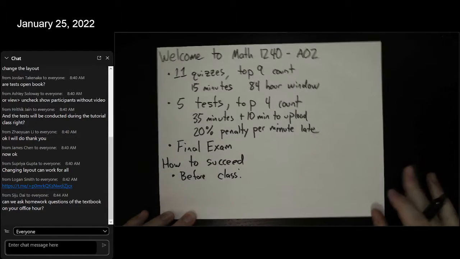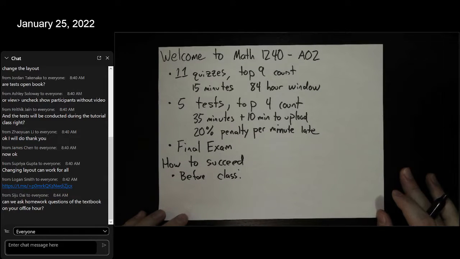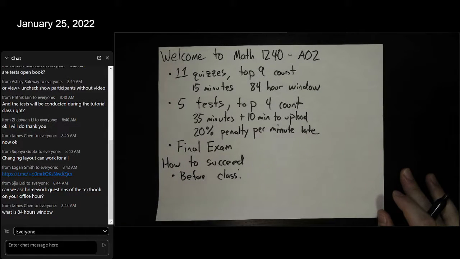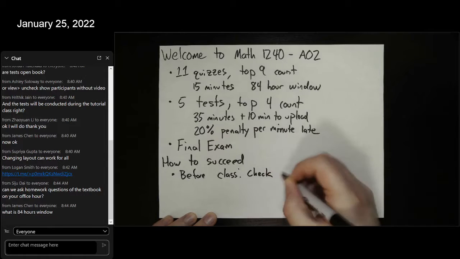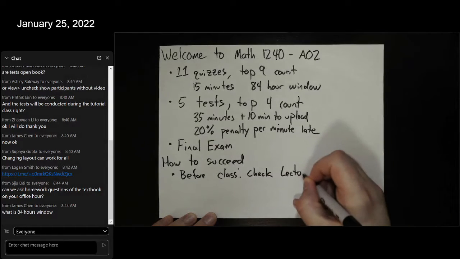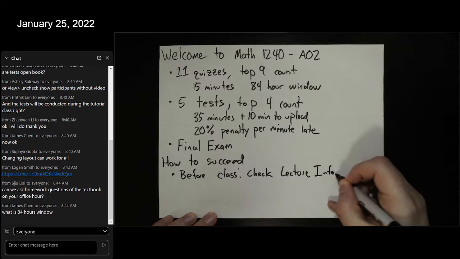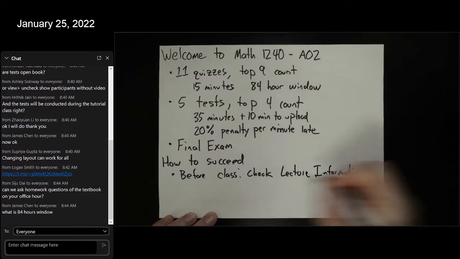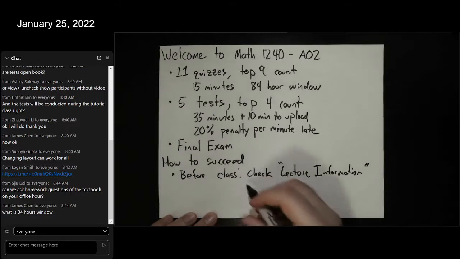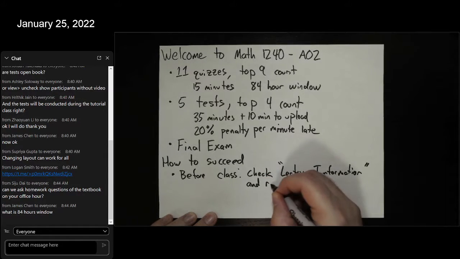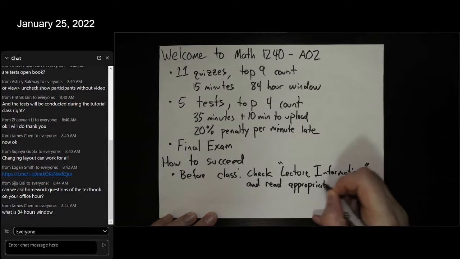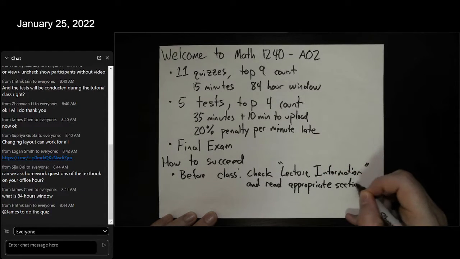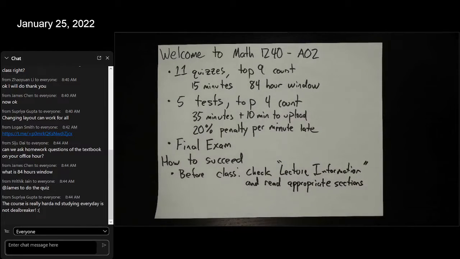So before class, I've got the expectations on that document that I showed you, the lecture information in our specific section. So check the lecture information document. And read the appropriate sections. This gets you ready for class.